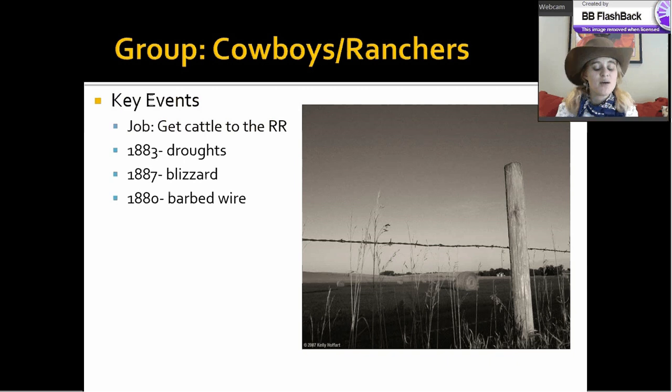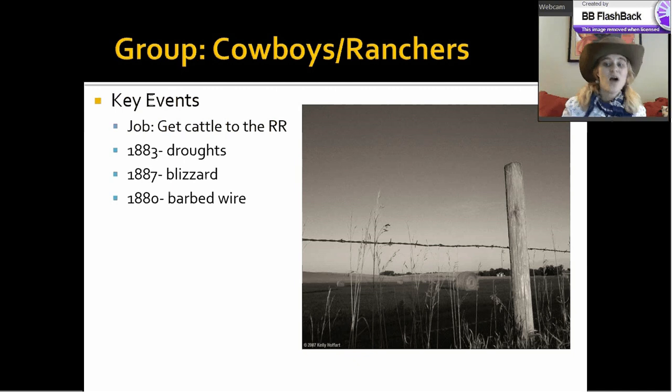So here's the thing about the West. In the middle of the Great Plains, there are no trees, right? It's just a big open field, what you might hear called the open range, right? So it was pretty easy at first to walk the cattle from the ranches to the railroad stations. But once farmers use barbed wire and start putting up these fences, suddenly it gets harder to walk hundreds of head of cattle through these fences.